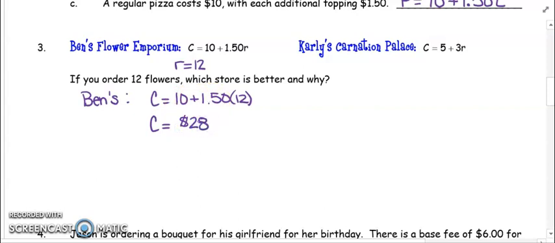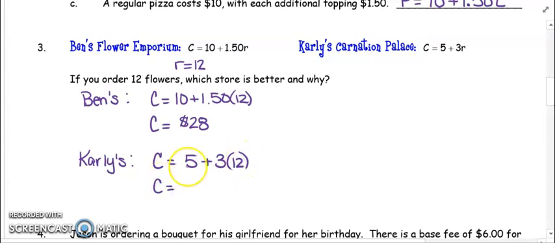Now, if I want to talk about Carly's, our cost function is $5 originally plus $3 for each flower. So 3 times 12, which means I'm doing 5 plus 36, which is going to give me $41. So clearly we can see that Ben's is going to be cheaper.